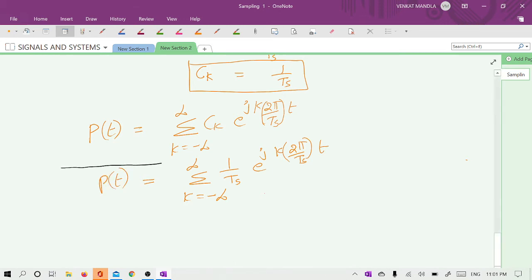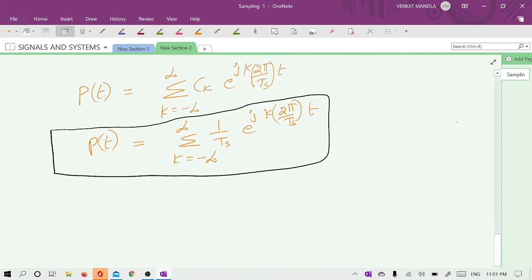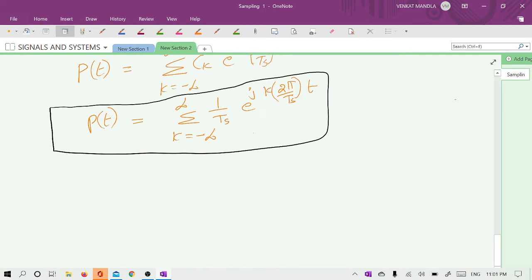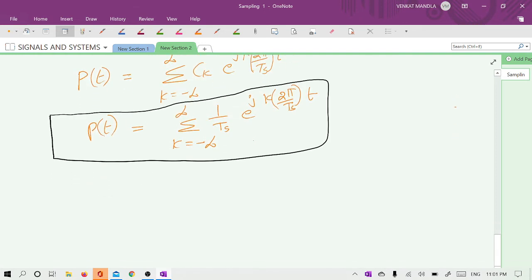So remember, in this term you should always remember P of t. And I want the continuous time Fourier transform of P of t. So just apply the Fourier transform on both sides.